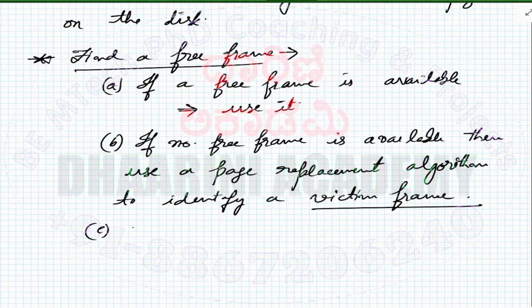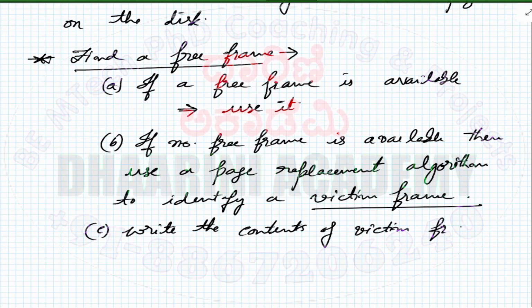Next we write the contents of the identified victim frame to the disk. That's what we marked as disk swap out. So you swap it out to the disk. I need to change the contents, the address.